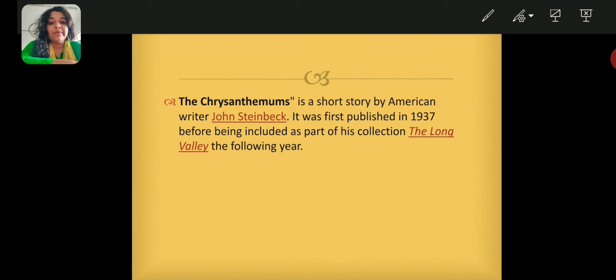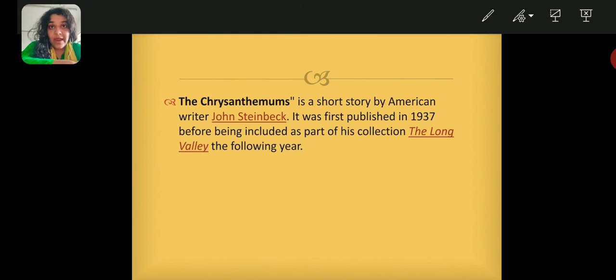He would publish one more book, America and the Americans, before his death in 1968. He left a great impression on 20th century literature and gave an important portrayal of one of the most significant American eras. So that's John Steinbeck.